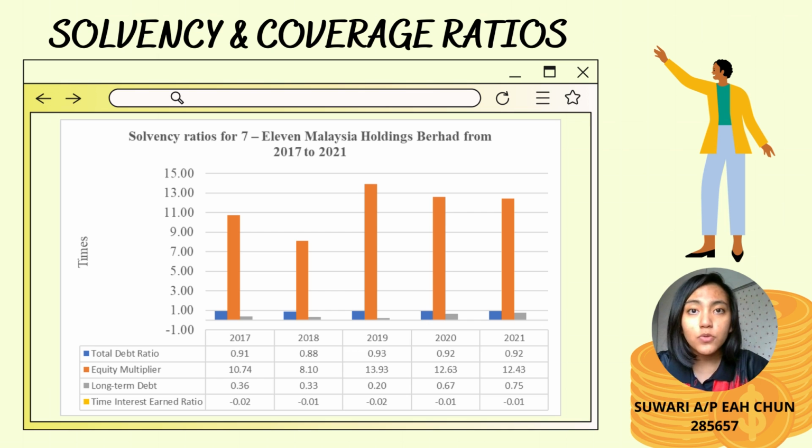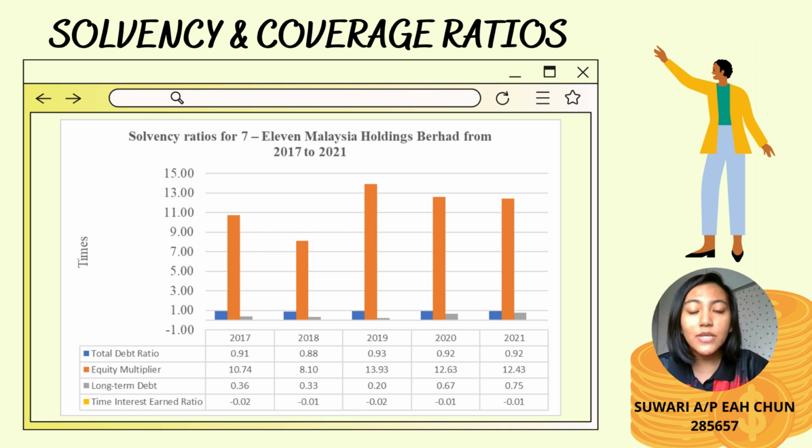After that, from 2017 to 2019, long-term debt declined each year, but from 2020 to 2021, there has been a steady increase.